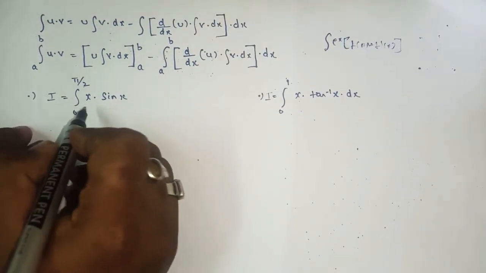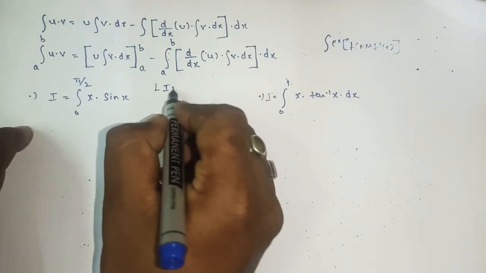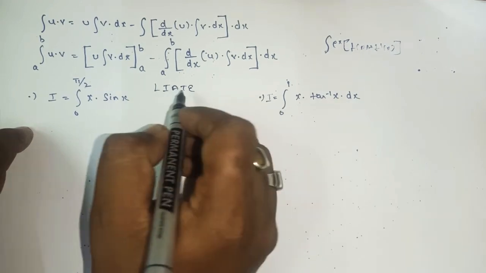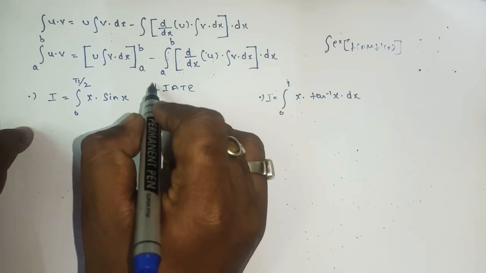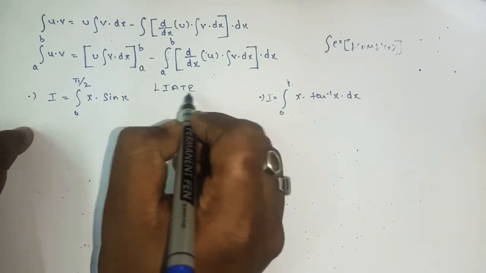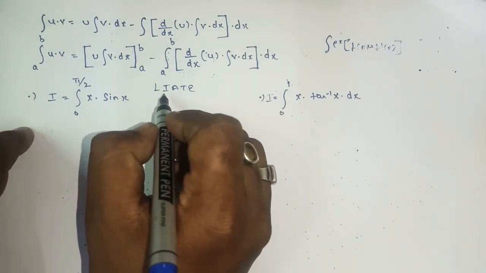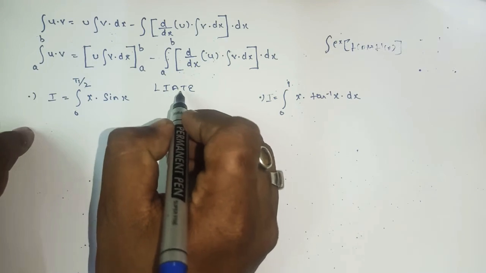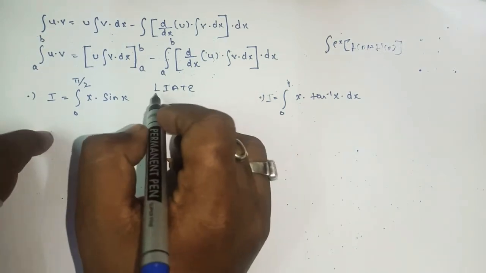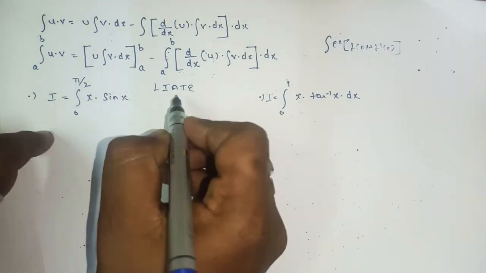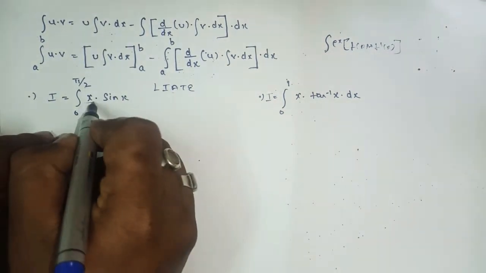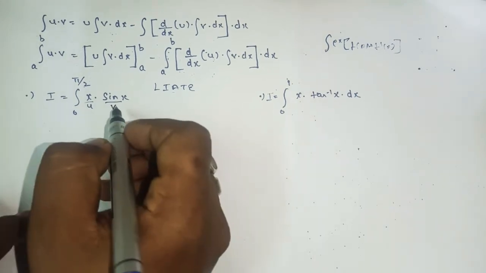According to the pattern, we know that first come first, we take the word LIATE. L stands for logarithm, I inverse, A algebraic, T trigonometric, and E exponential. As x is algebraic and sin is trigonometric, algebraic comes first, so this will be u and this will be v.